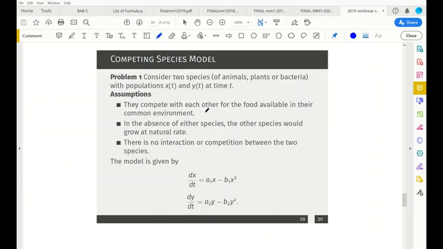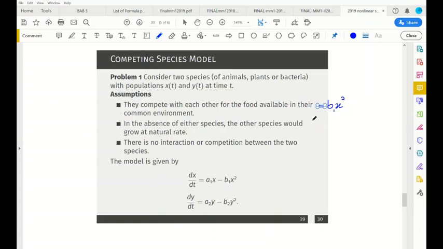So in the equation, you will see this term, negative b1 x squared. If we consider the x equation, we will have negative of x squared. So species x interacts with or competes with another x. That's why we have x squared. And if we consider the equation for y, we will have the second term here.